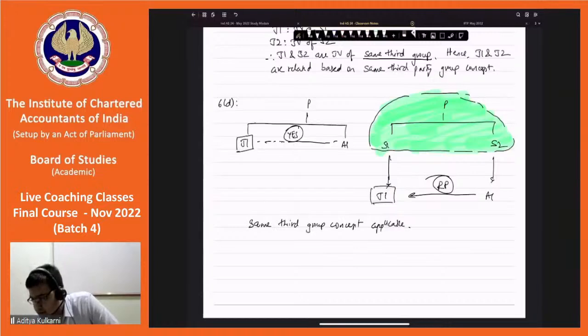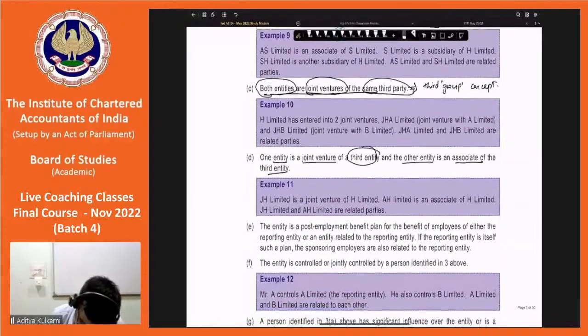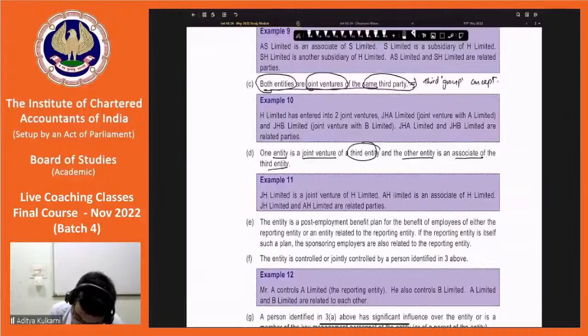Have you written this down? And are you clear with that? Third group concept applicable here also.